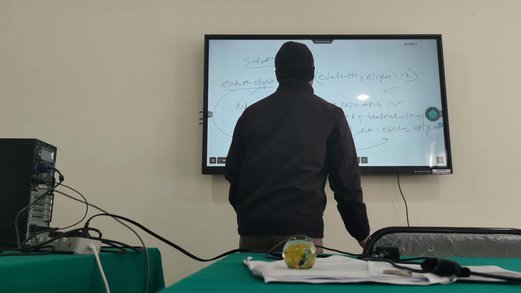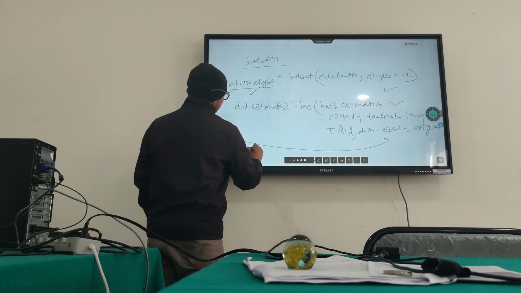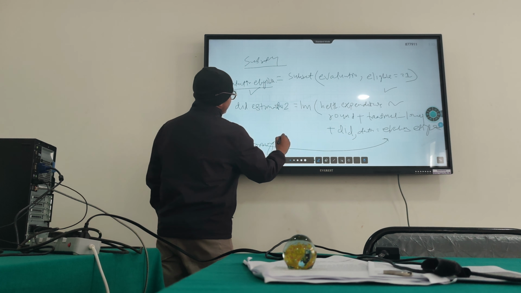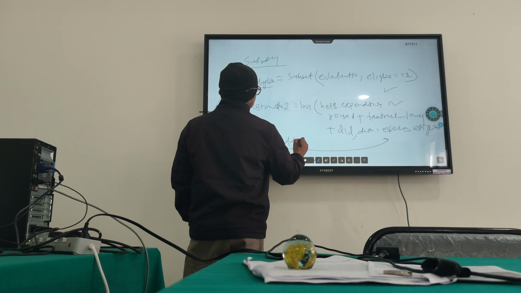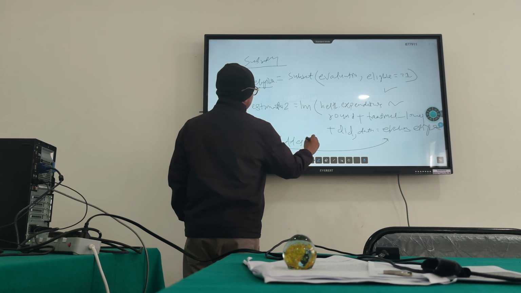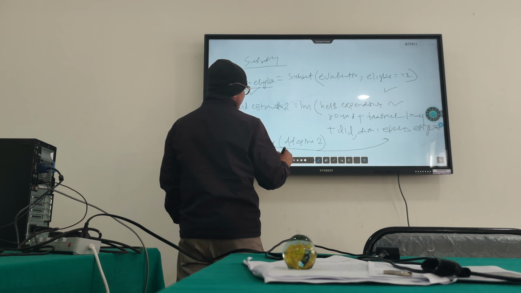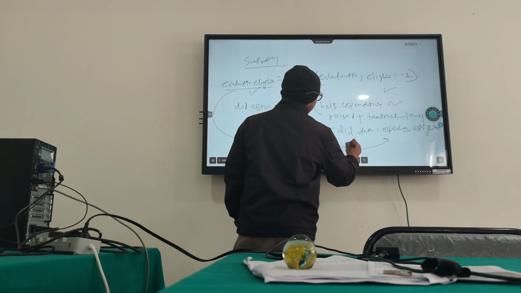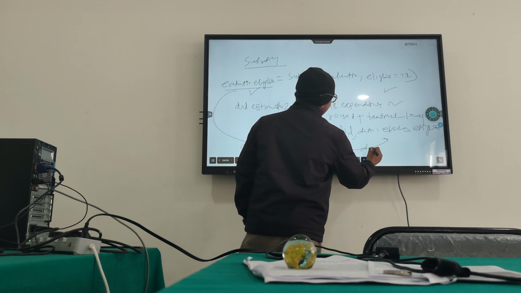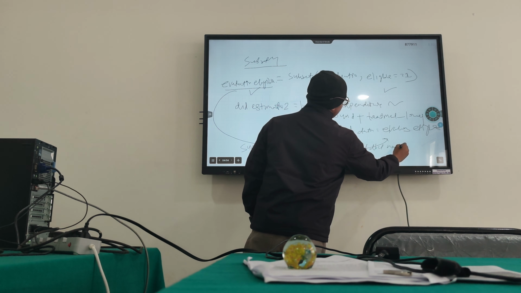Okay, if you summary DID dot estimate 2, you get a significant result with the DID value near 10.